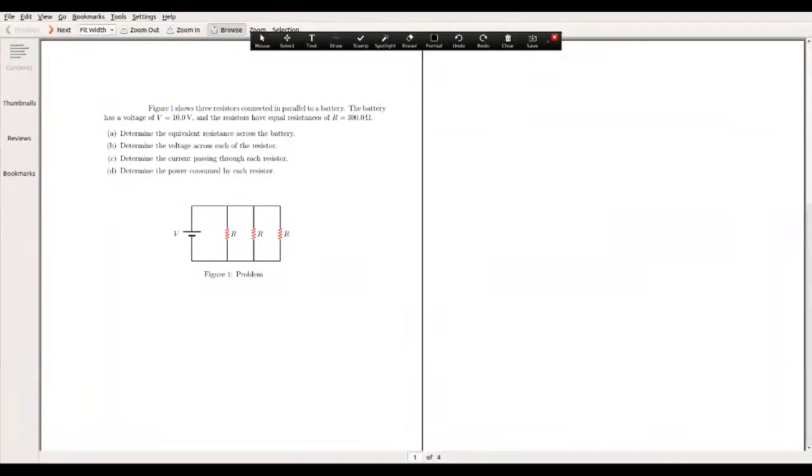So we have three resistors connected in parallel, and in the beginning, we are asked to find the equivalent resistor. That's the same as asking what single resistor we would connect to the same battery, which will pull out exactly the same amount of current that's coming out of this battery in the main circuit.